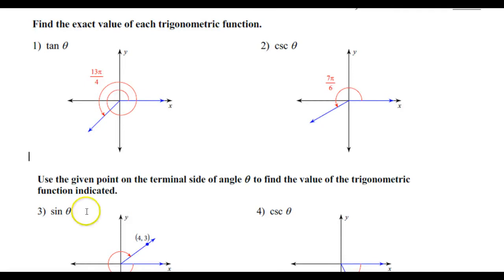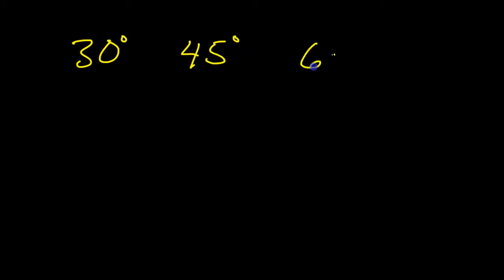In this video, we will learn how to find the exact value of a trigonometric function given a special angle in radians. Now, when I say special angle, in degrees, I'm talking about 30 degrees, 45 degrees, 60 degrees, and 90 degrees.